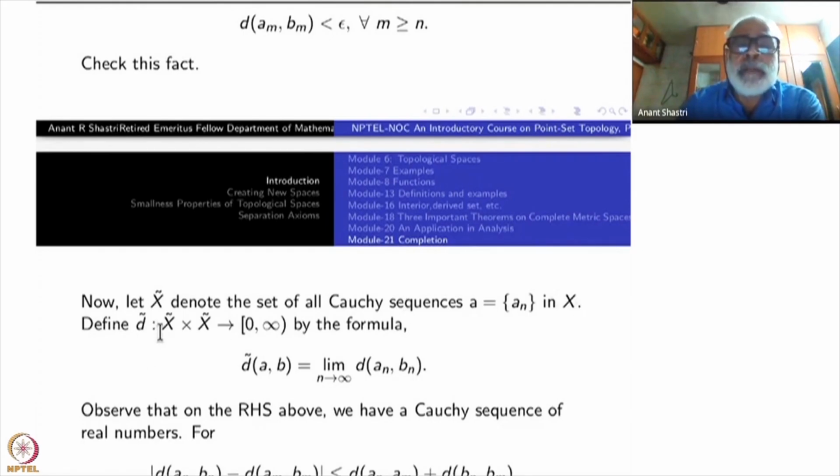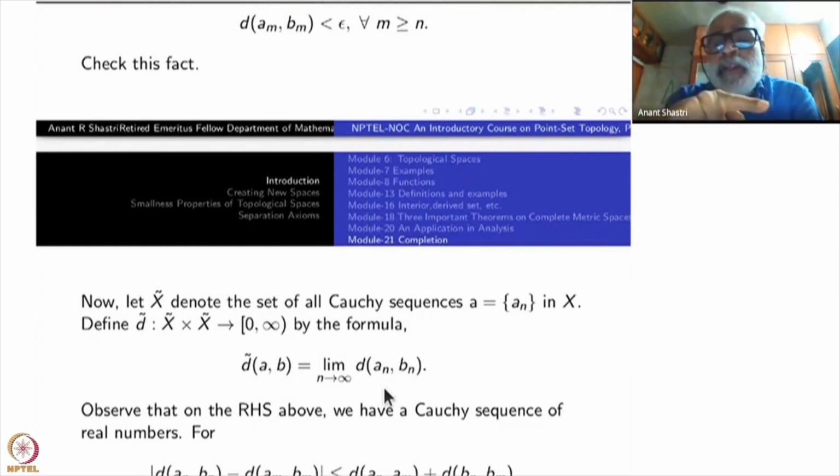Now I define a function d twiddle from X twiddle cross X twiddle to [0, infinity) by the formula d twiddle of (A, B), where A and B are now Cauchy sequences, equals the limit of d of (a_n, b_n) as n tends to infinity.